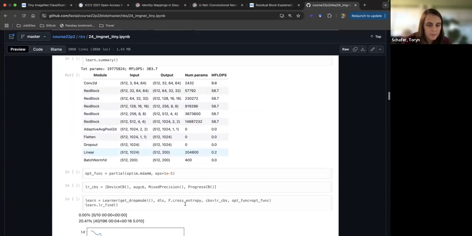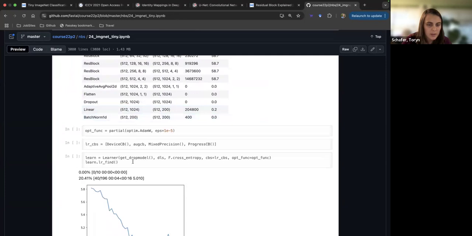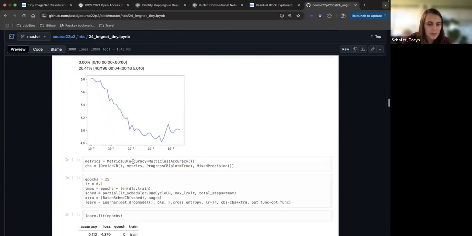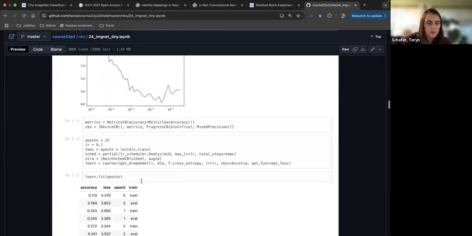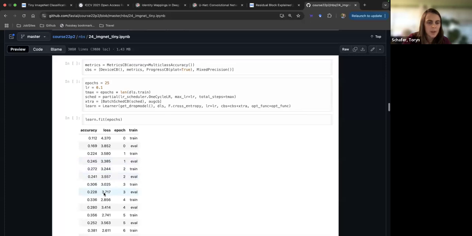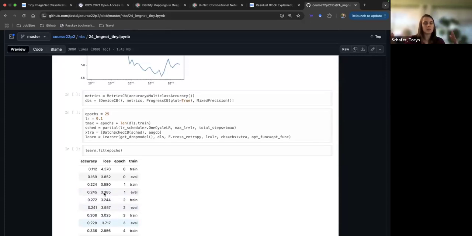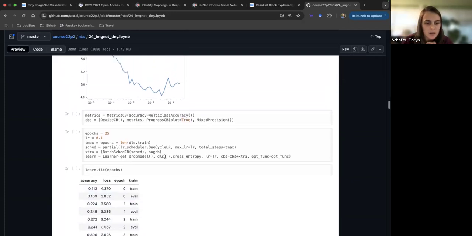Okay. All right, then he used his little learning rate finder. We have the metrics. And here, because we're doing image to image, we are doing, wait. Oh, wait, why does it say accuracy?